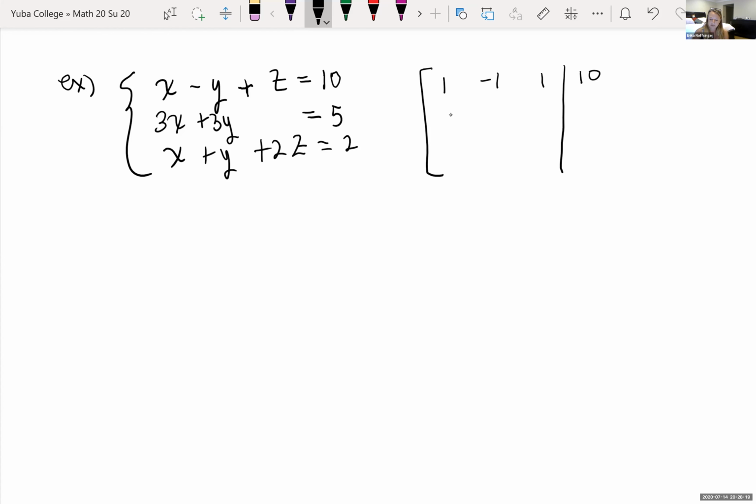So I have coefficients of 3, 3. There's no z here, so I'm going to put 0, and then 5. Looking at the last equation, my row would be 1, 1, 2, 2. This is called an augmented matrix.